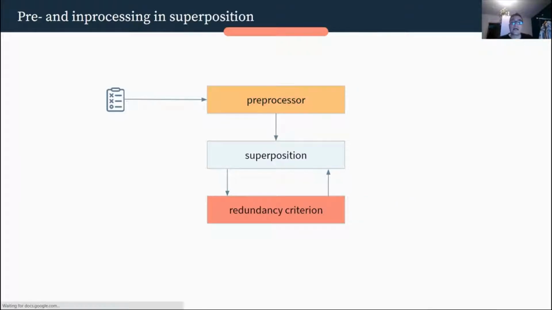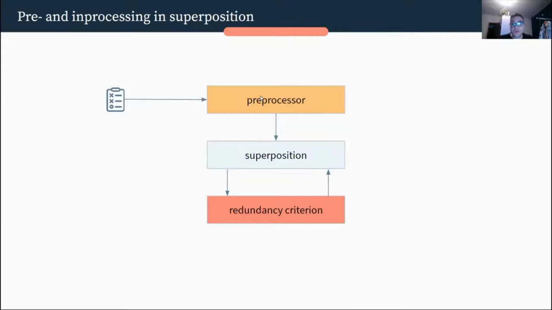Now, in first order logic with equality, the state-of-the-art calculus is superposition, but the in-processing engine, which simplifies clauses, can simplify a clause only if it adheres to certain redundancy criteria, which is more strict than what we had for propositional logic.